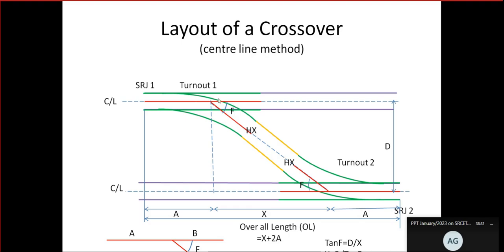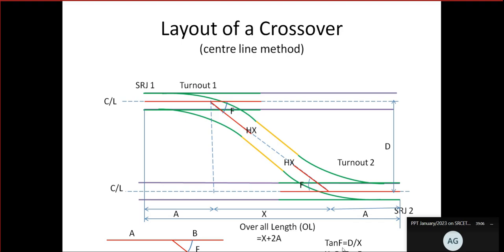If you use 1 in 12 on both the tracks, you have to take the number of the points and crossing, 12. 12 into D will give you the X distance. So 12 into 5, 60 meters. So 60 plus 2A, let us assume A distance is 16 meters, 32 plus 60, 92 meters overall length.